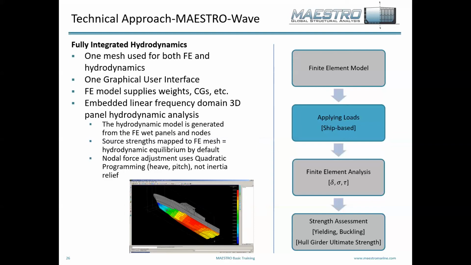Maestro Wave will tweak the nodal force adjustments. It uses what's known as quadratic programming to iterate on the solution, but it can put things into equilibrium without the requirement for using inertial relief.